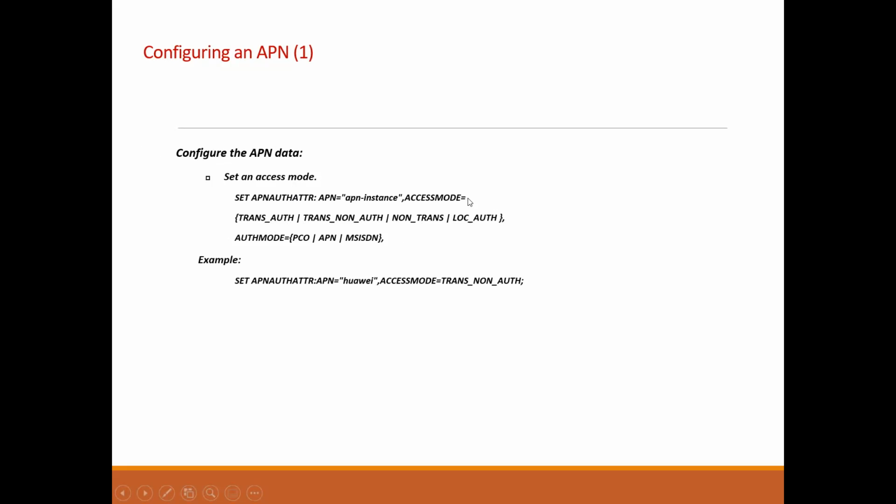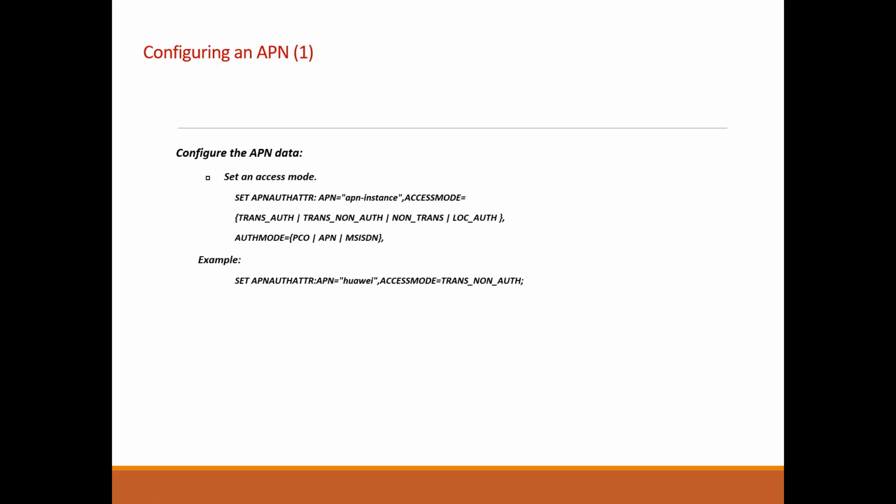Once again, this will be provided by the corporate company, which sort of authentication is required. And when you select that there is an authentication mode, then how the authentication is going to be done: whether the username and password will be provided by the MSISDN, or whether it will be configured in the APN, or via the PCO message that is carried by the MS. Okay, so this is an example.